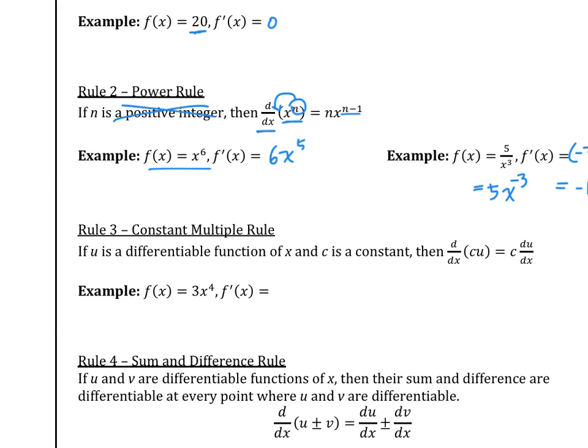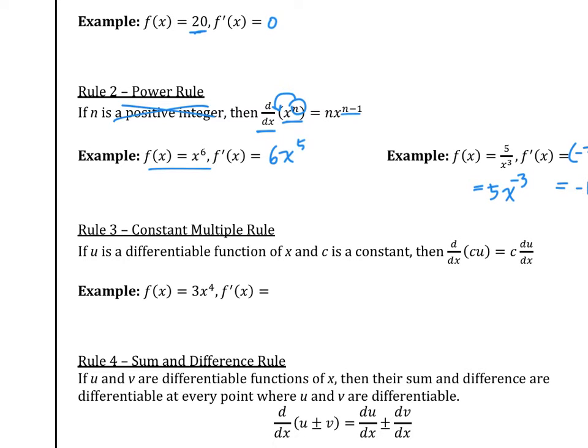Rule number 3, constant multiple rule. It's pretty much what I just showed you in rule number 2. If u is a differentiable function of x and c is a constant, then d/dx of cu is c times du/dx.